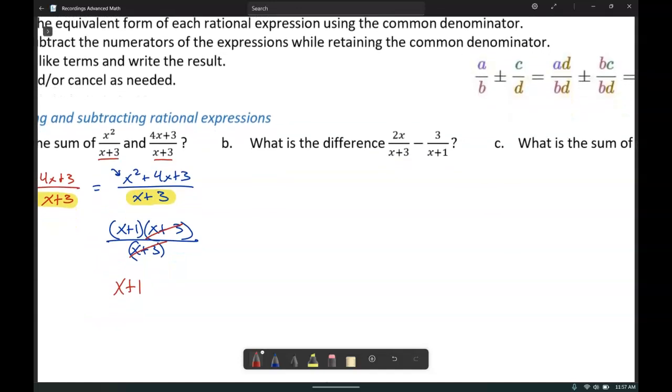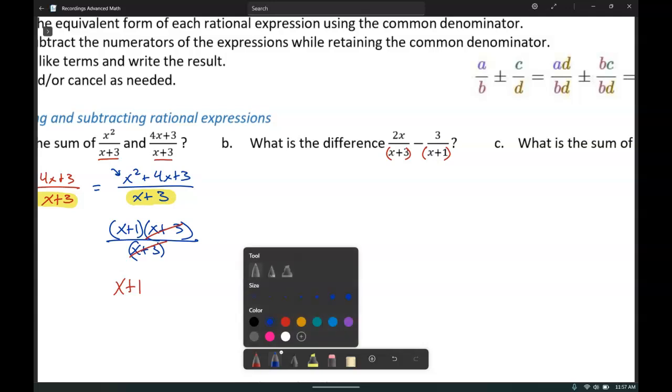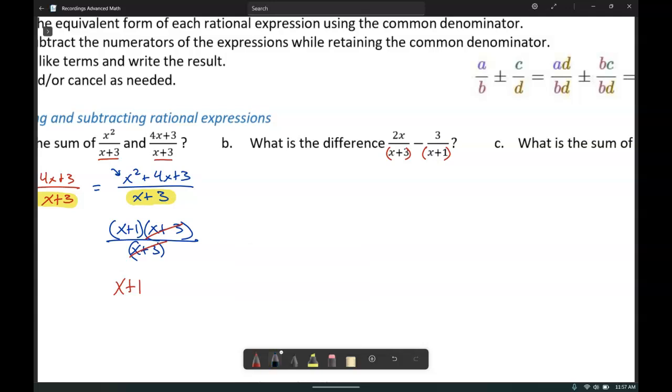Same idea, we need a common denominator, but notice that our denominators do not match. And so I'm going to write this out really large just so that we get the idea, and hopefully as you become more proficient, it'll be a little bit easier to follow. So we have this expression.